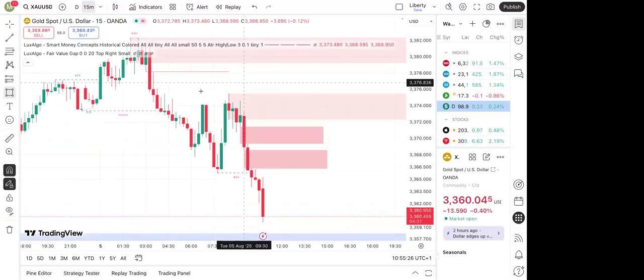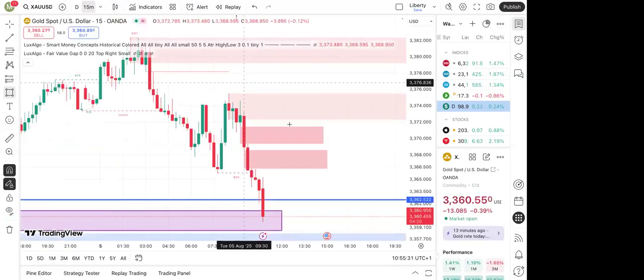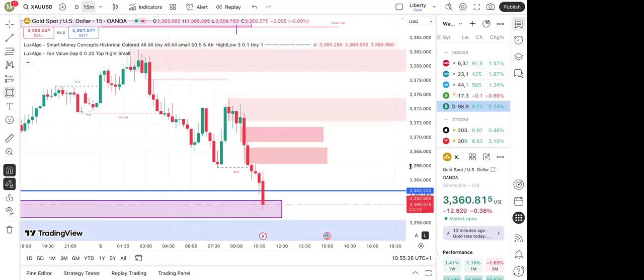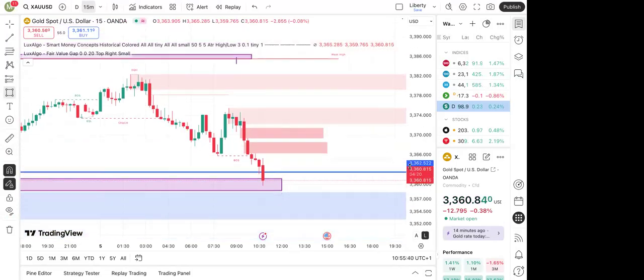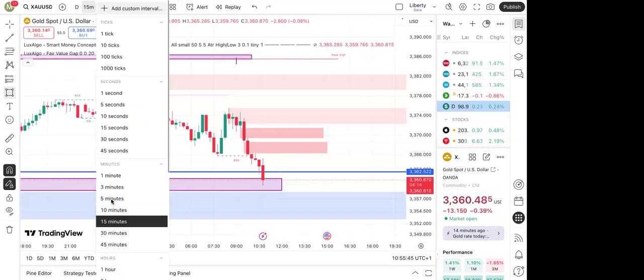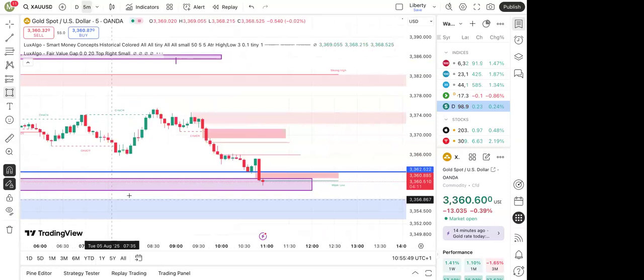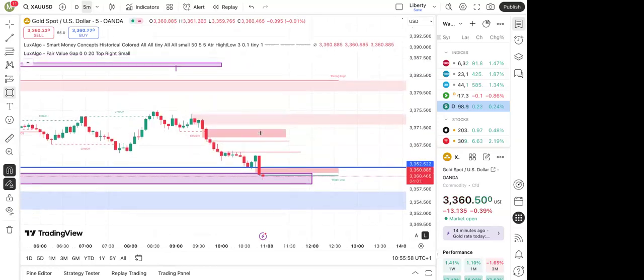And I just want us to see what has happened on gold. Gold has actually sold into our zone, and we expect that very soon it will start buying.